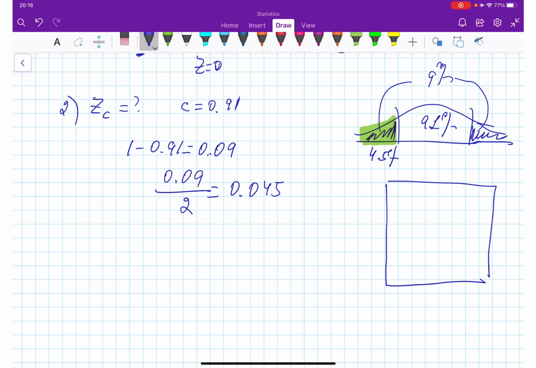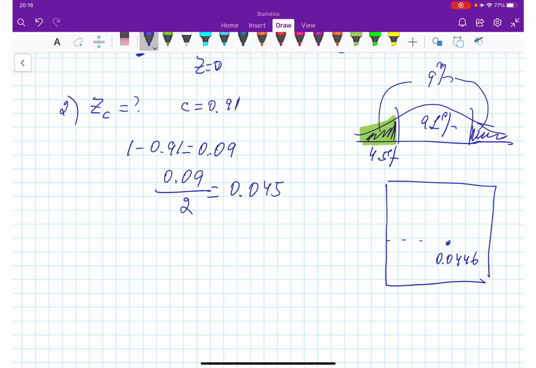I found 0.0446, which is close enough and approximately 0.045.